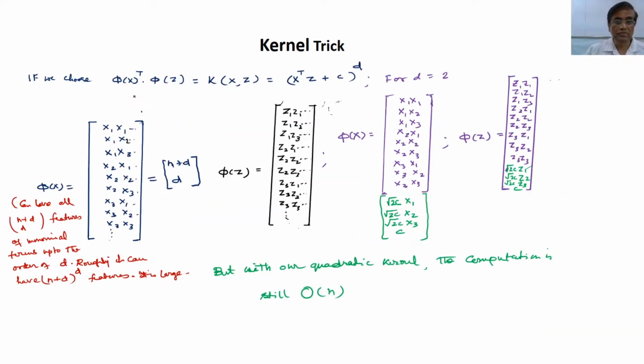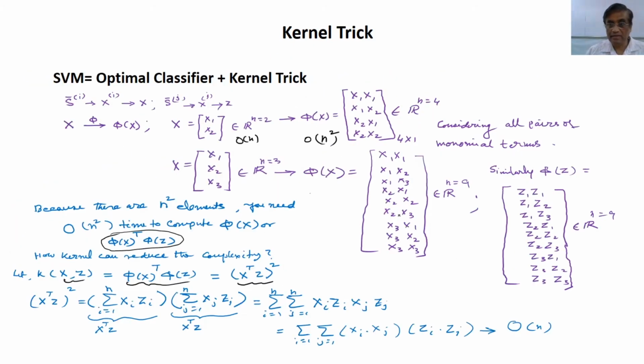So, in more general form, instead of just showing an example, the other day we gave an example of how we can reduce it. You could do the same thing here. So, x1, x2 dot z1, z2 equals phi x transpose phi z.